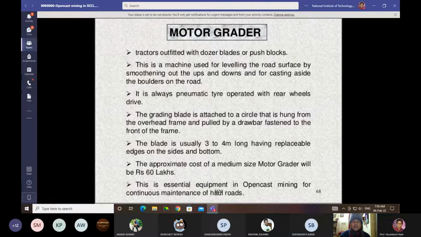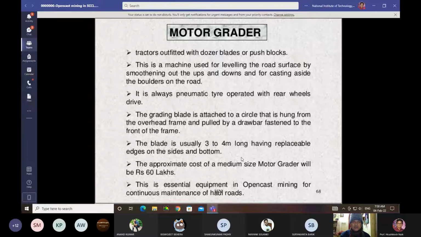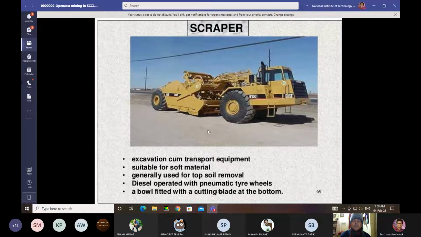There is another equipment which is called your scraper. This is a scraper equipment. What is the function of scraper? The scraper carries out the job of excavation as well as it transports the material. So the scraper is an equipment which excavates the material as well as transports the material.